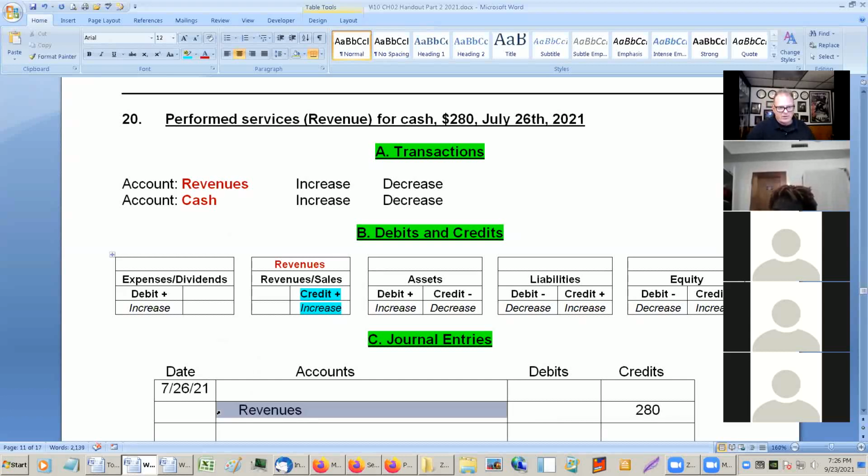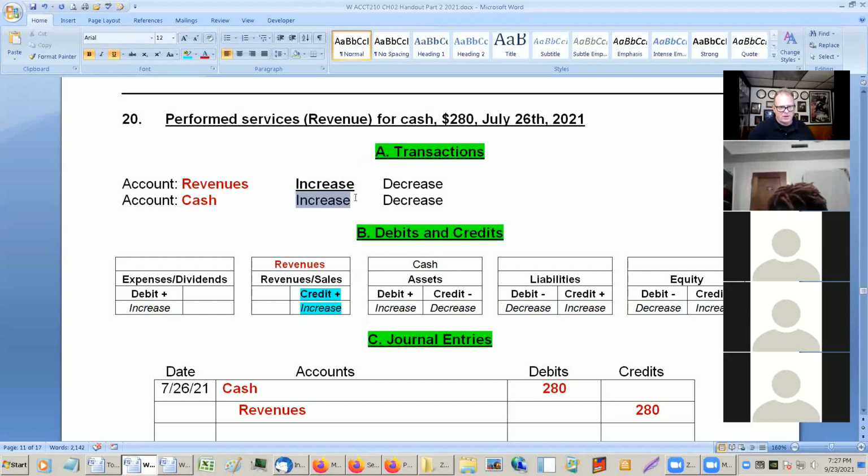So right when you notice that there's a revenue, you know what the other side is. Cash is going to be the debit. Now you're absolutely right, though. Revenues are always increasing. And in this case, we rendered services for cash, so we've already got the cash.